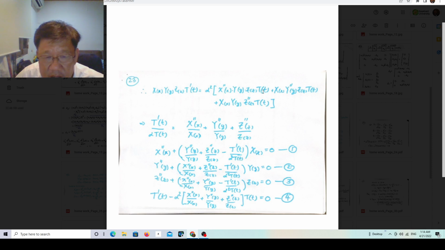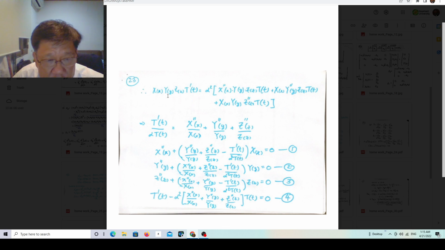For the second order on the right hand side, alpha squared is a common multiplier, so you put it out here from inside for each term, which is the second order with respect to each domain. The first term is the second order derivative of the X function, the second term is the second order derivative of the Y function, and the third is the second order derivative of the Z function. Pretty similar to what we did with the second order, we can extend to the third.